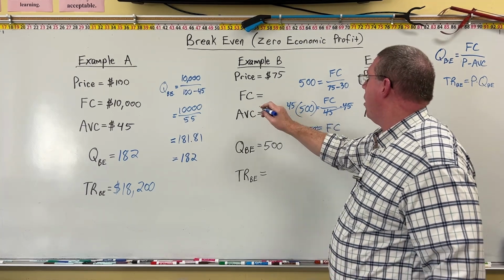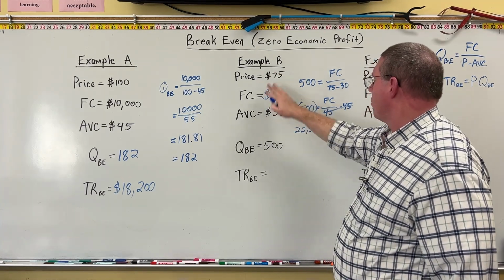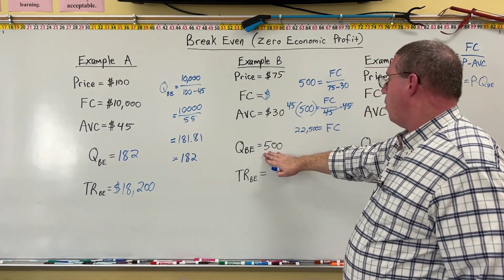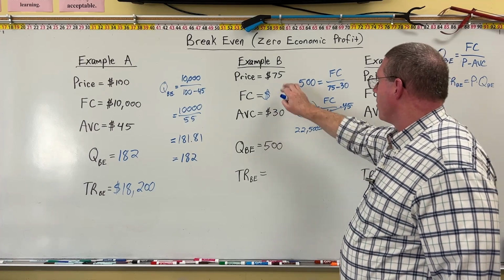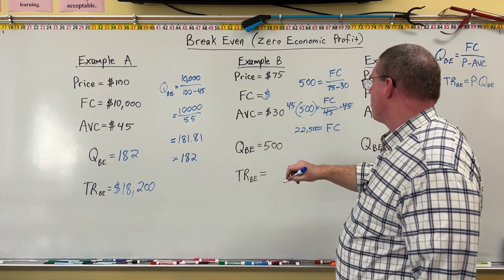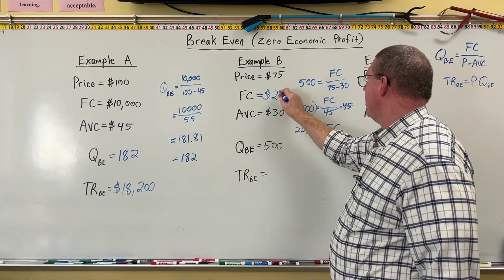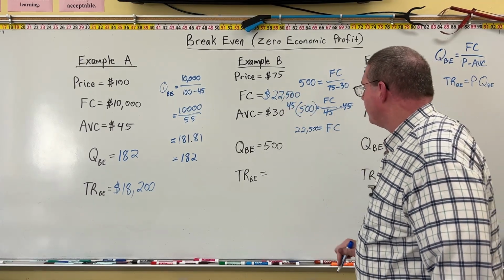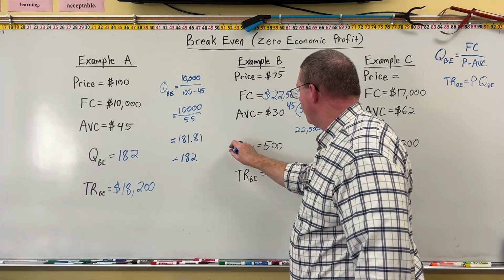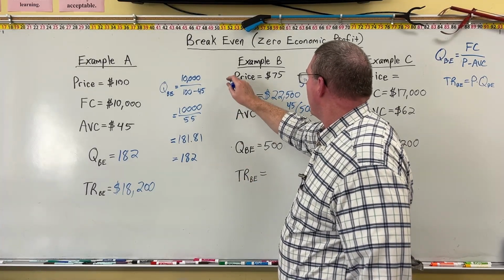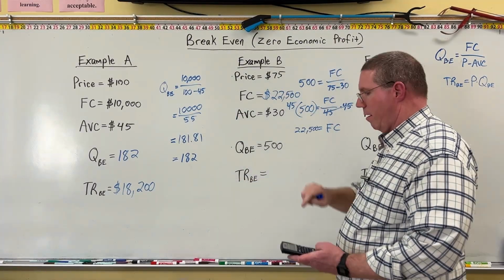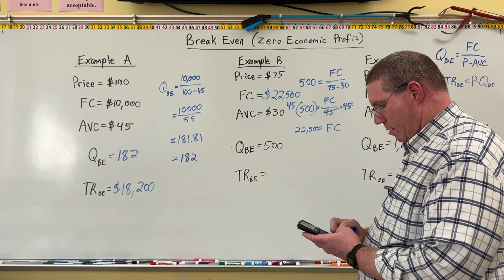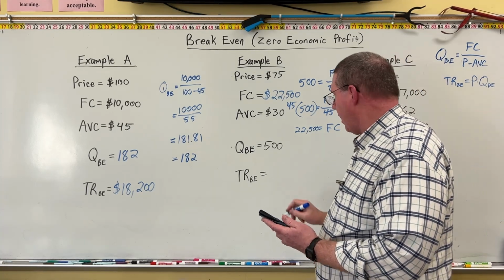And so the fixed costs in this circumstance, for the break-even quantity to be 500, where the price is 75 and the average variable cost is 30, the fixed cost must be 22,500, okay? And now to find total revenue, again, we're just going to do break-even quantity times the price, so 500 times 75, and that's 37,500.